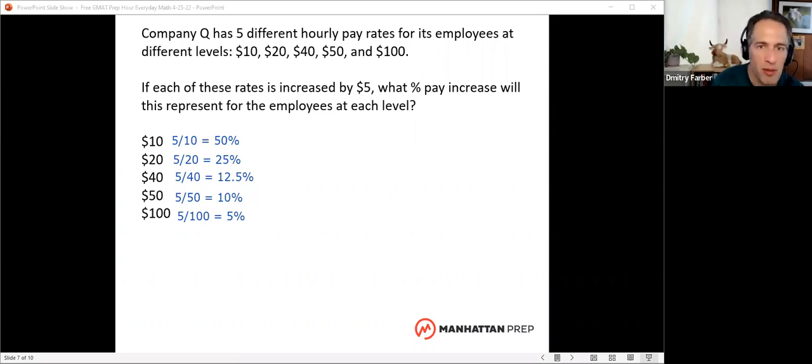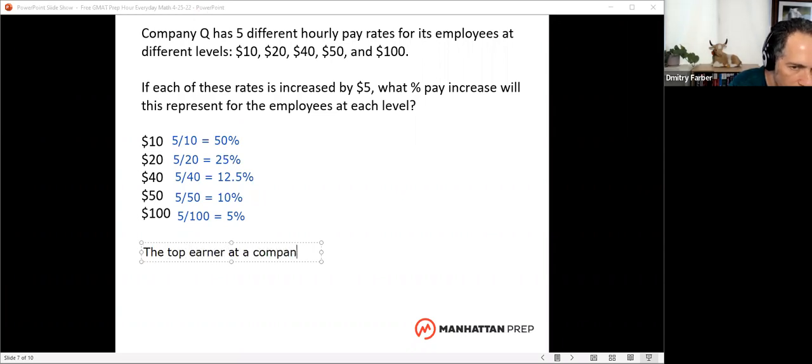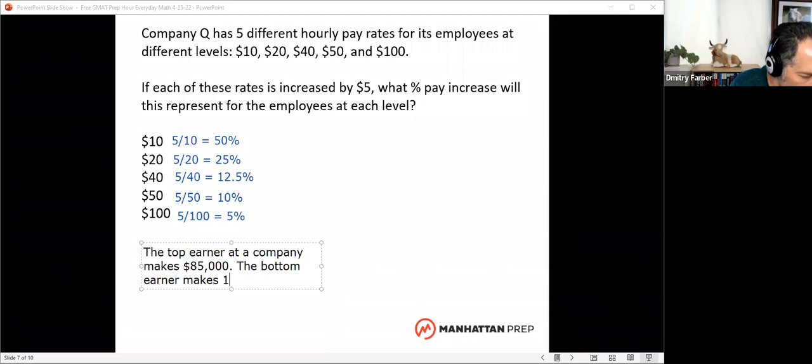So then, the GMAT might ask a very formula type question, right? So what if they said something like, the top earner at a company makes 85,000. And the bottom earner makes 10,000. Okay.